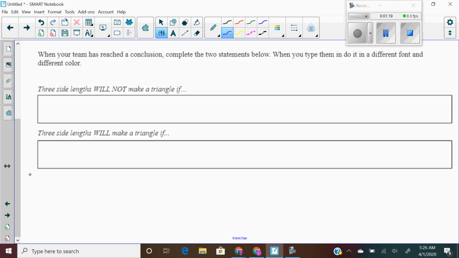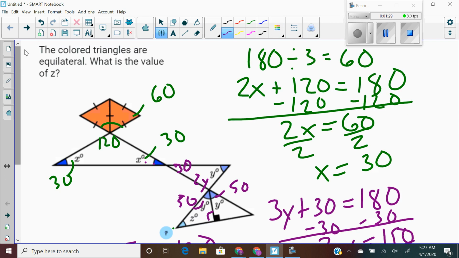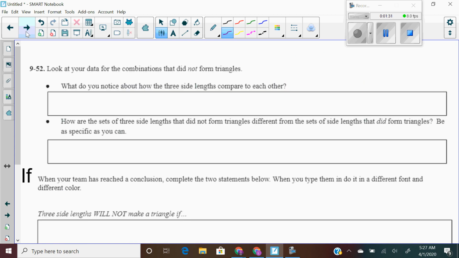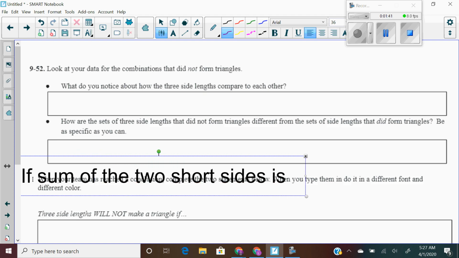Three side lengths will not make a triangle if the sum of the two short sides is less than the long side.